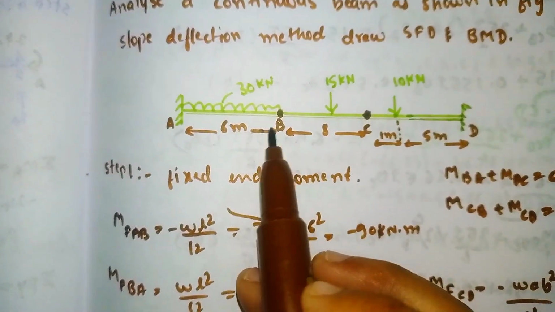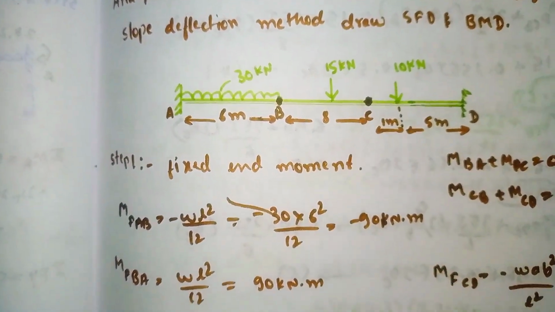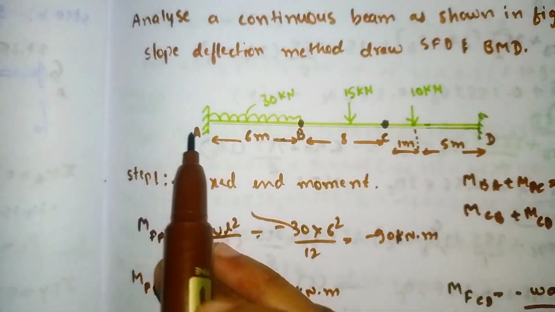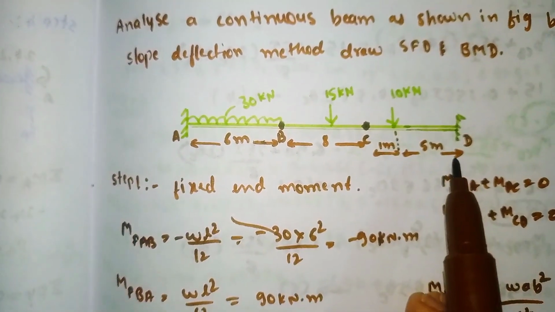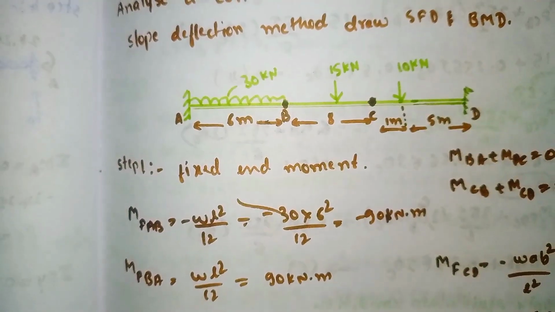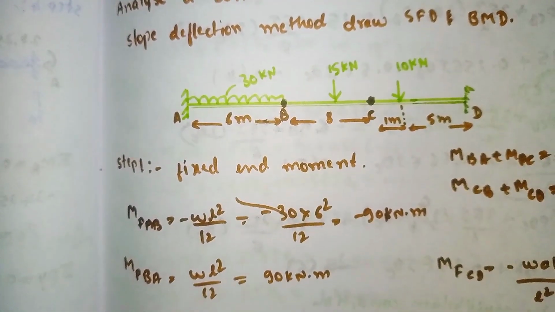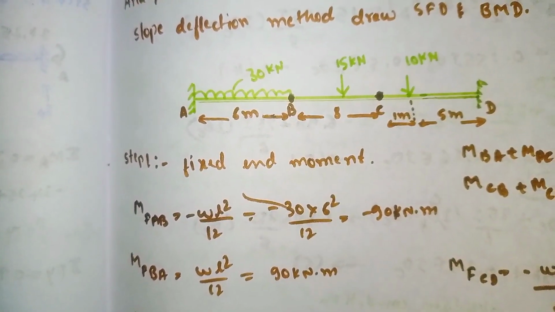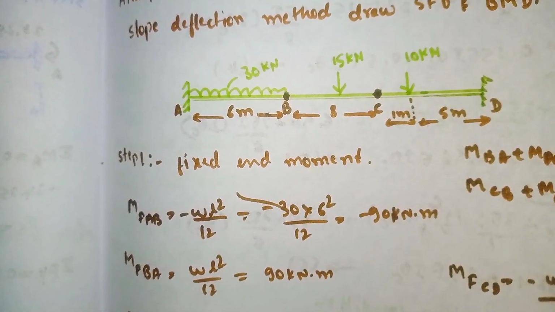Because BC has no support, only two reactions will take place in this problem, RA and RD. Because points B and C have no supports, we don't need to calculate separately.